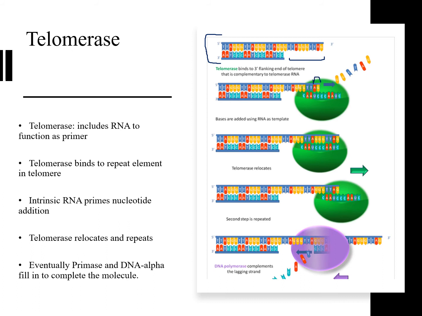This shows it binding a few more. And then it extends. It acts as a template, and so then we can increase the length of the parent strand, and that repeats. So the telomerase binds, extends the length of the parent strand, dislocates, moves down, and makes it longer and longer, and that repeats several times.